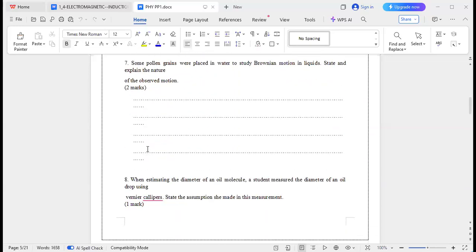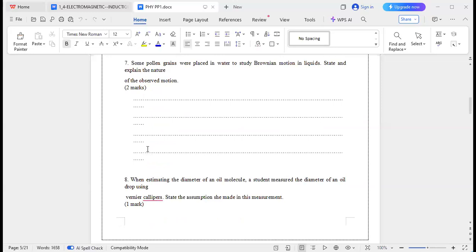Number 7, some pollen grains were placed in water to study Brownian motion in liquids. State and explain the nature of the observed motion. State and explain means you give two answers. So you see pollen grains are seen moving in continuous random motion.